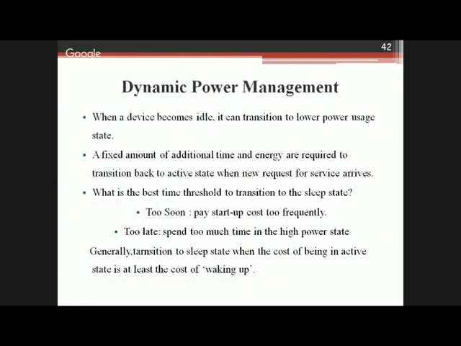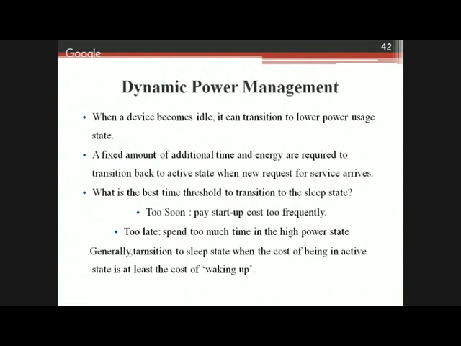So how can dynamic power be managed? When a device becomes idle, it can transition to a lower power usage state. That is one solution.